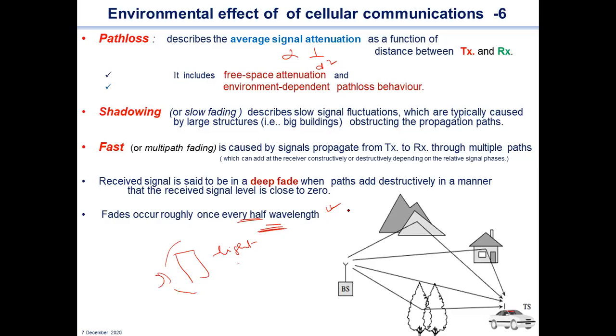We have seen that multipath fading can result in relatively fast signal fluctuations. Exactly how fast depends on the speed of the mobile, that is the Doppler effect, our base station, meaning transmitting station, or the dynamics of the surrounding environment also.